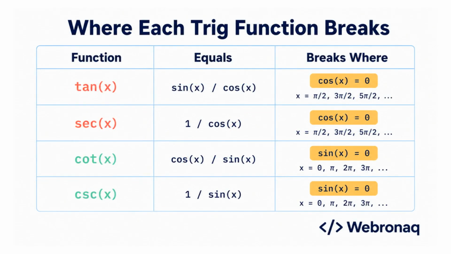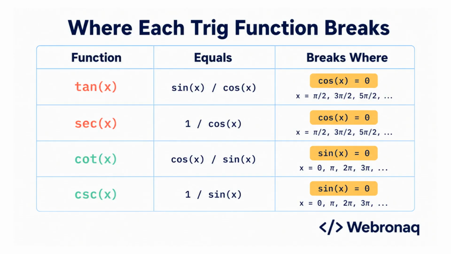Here's a quick summary table of all four remaining trig functions. Tangent and secant. Both of these have cosine in the denominator, so they break wherever cosine equals 0. That's at pi over 2, 3 pi over 2, 5 pi over 2, and so on. Cotangent and cosecant. These two have sine in the denominator, so they break wherever sine equals 0. That's at 0, pi, 2 pi, 3 pi, and so on. Notice the pattern. None of these four functions are actually new mysteries.